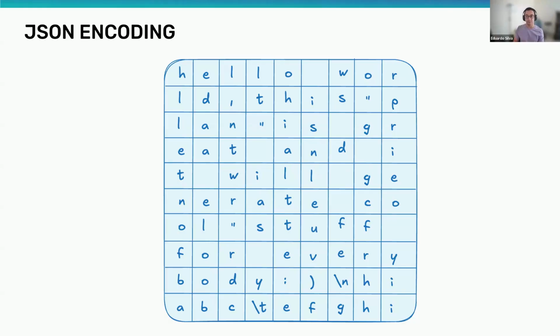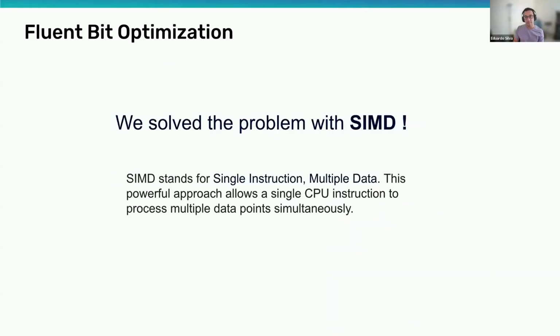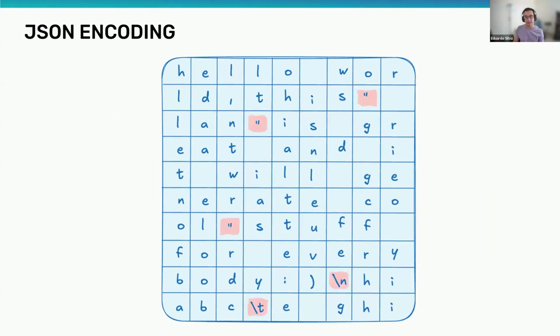So if you use your AI mind with this, you will find that, hey, I'm able to recognize that, oh, we have quotation marks here and a backslash n, because we have been doing this for many, many years and you can capture this really quickly. However, for a computer, it doesn't work like that, right? You need to tell it how to find these characters.